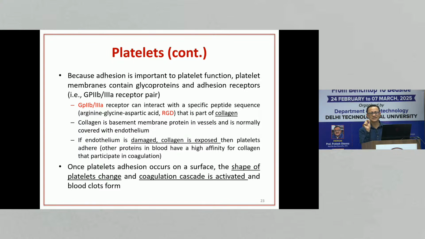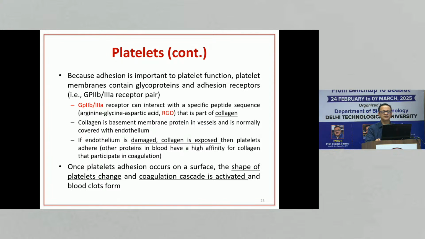But this RGD sequence we talked about yesterday is present on fibronectin and fibrinogen, and that's the RGD sequence getting recognized by GP2B3A also. Now collagen is present in the basement membrane in the vessels, which is usually covered with the endothelium layer, but once the cut happens, it's exposed and platelets are recognizing that.